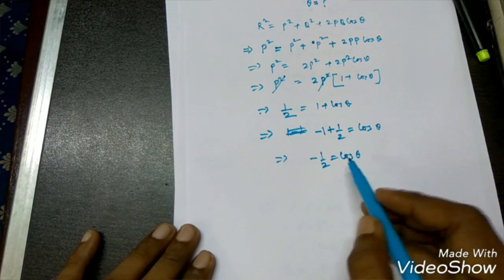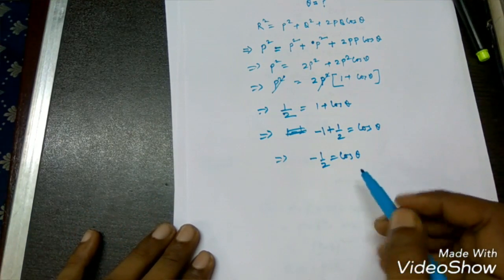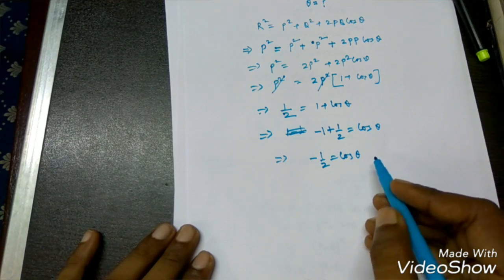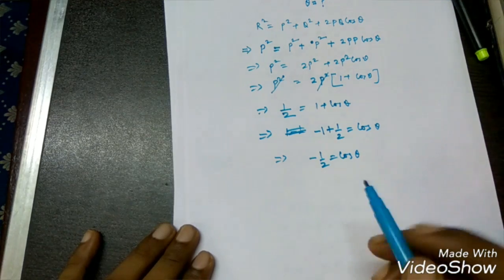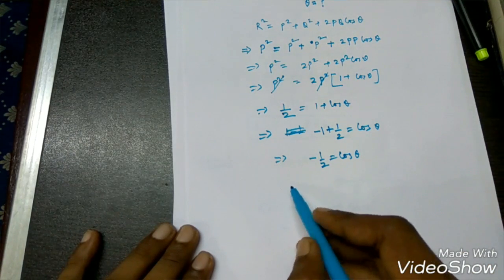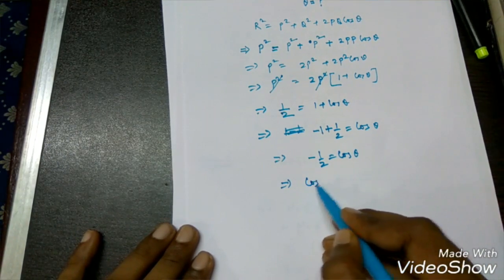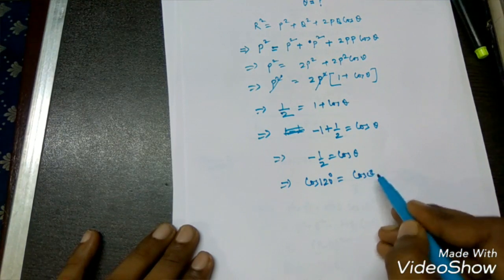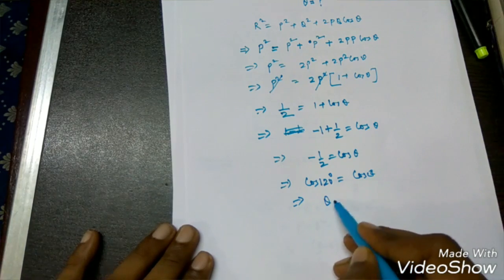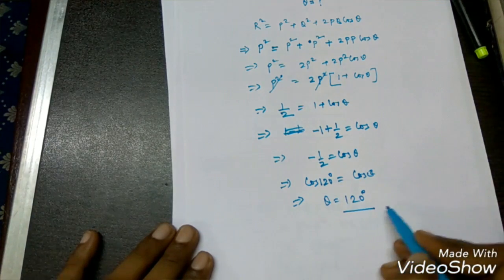Now here the value of theta for which the value of cos theta is minus 1 by 2 is 120 degree. So we can write here cos 120 degree is equal to cos theta. So theta is equal to 120 degree.